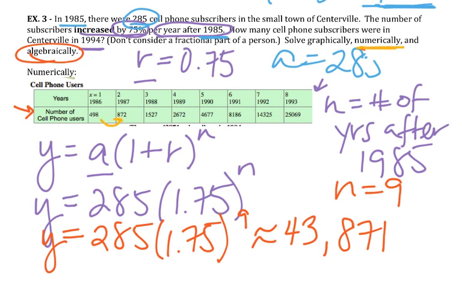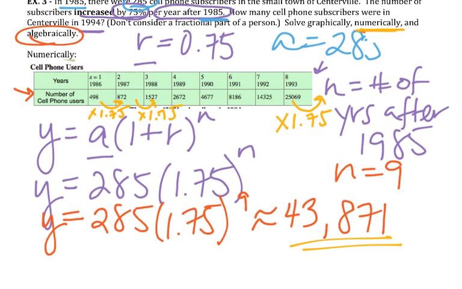Looking at the table, we can tell that this is being multiplied by 1.75 to increase. Multiplied by 1.75, so each time it's going up by a constant ratio. We could do that same thing here. We can multiply 25,069 times 1.75, and we would get the same result.